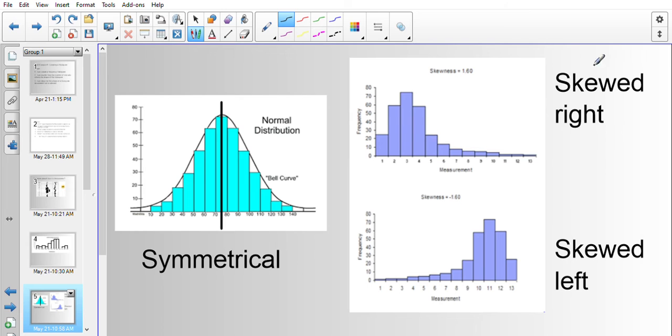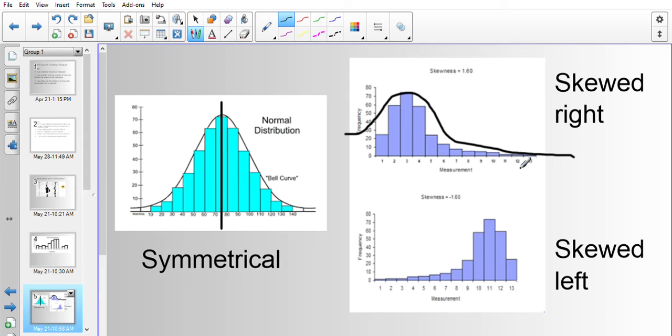Now over here, we need to talk about things that are skewed, right? So if I were to try to draw a bell around this, I couldn't. I couldn't draw a nice bell, but I could draw a line like that, right? And this would be a graph that is skewed to the right. And it's skewed to the right because of the tail of the graph.